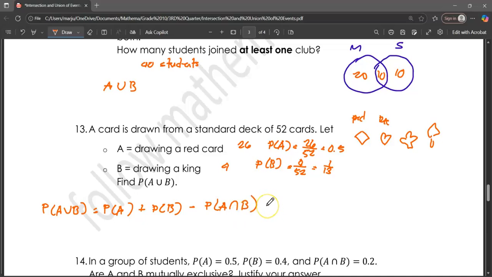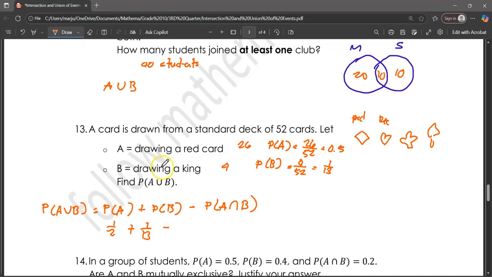So, ilan ba yung ating intersection B? Yung A natin is 0.5, right? Or 1 half. So, say 1 half plus yung ating B is 1/13 minus ilan ba yung intersection natin? Red card at the same time king.